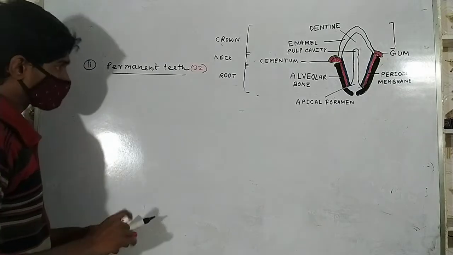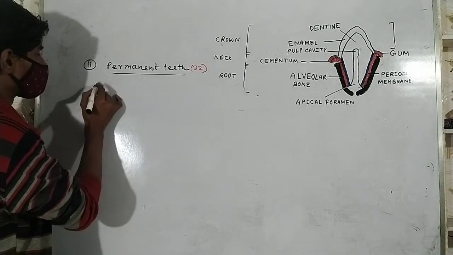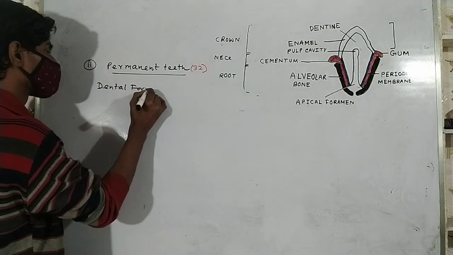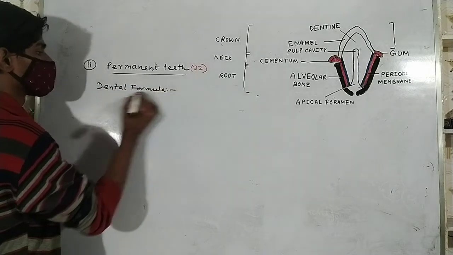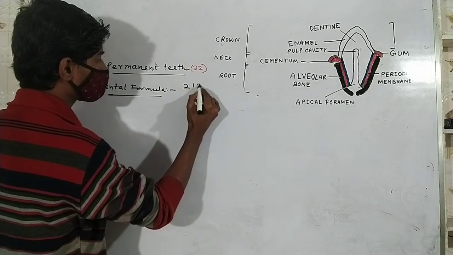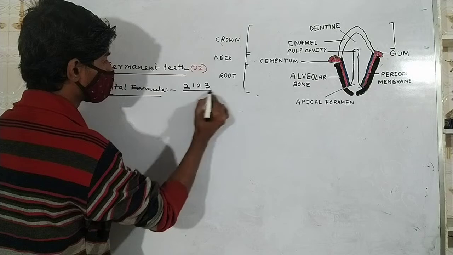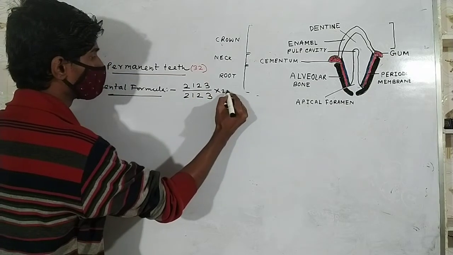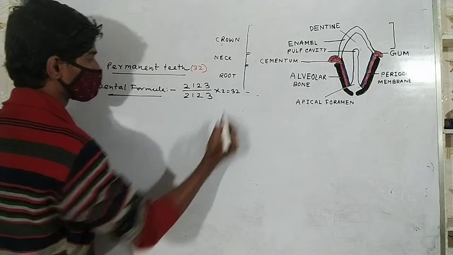Now the dental formula is like this: 2 1 2 3 over 2 1 2 3, into 2, equal to 32.